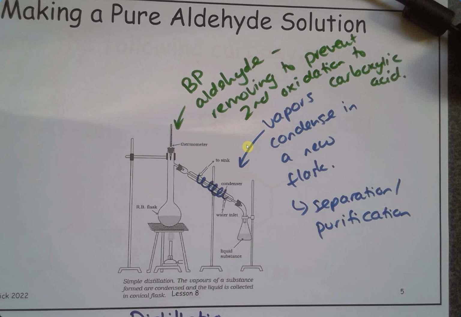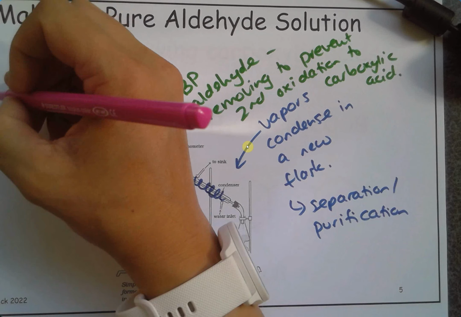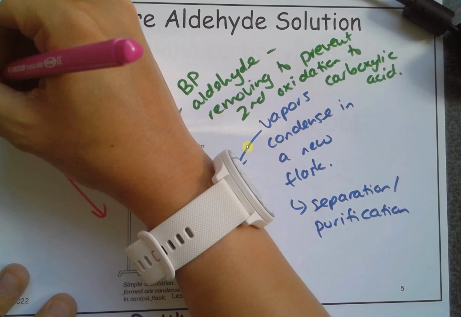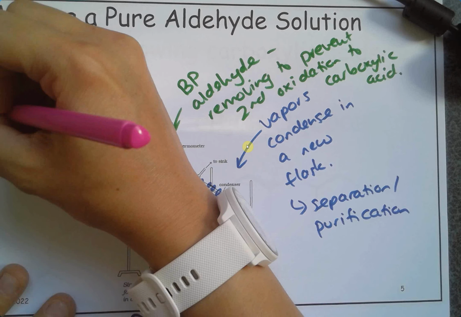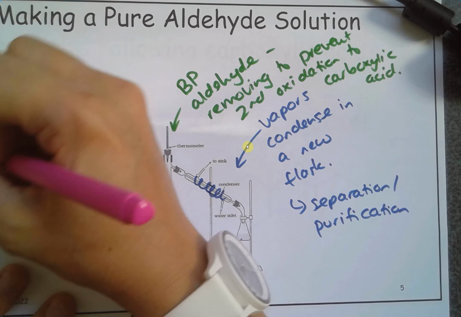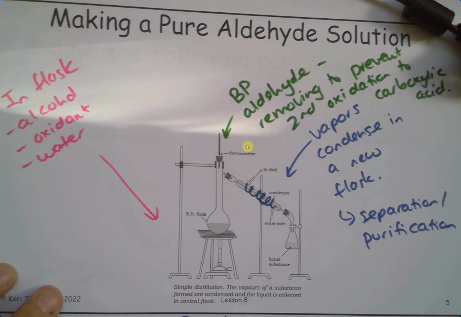The aldehyde also will be the first thing to boil off, and that's because it has the lowest boiling point of it. So if I was thinking about the list of stuff that's in that flask, you have things such as the alcohol, you have your oxidant, and you have water, because the water is usually used to just dissolve things.